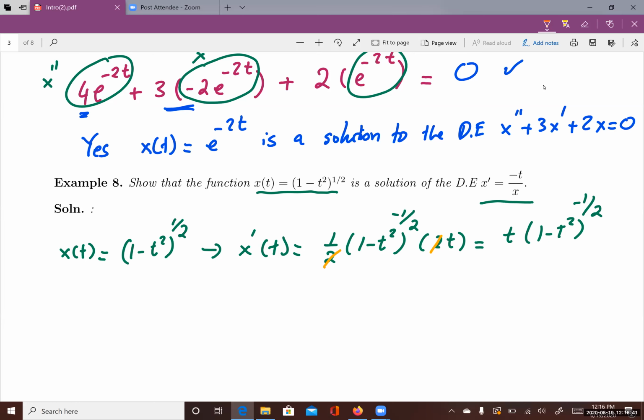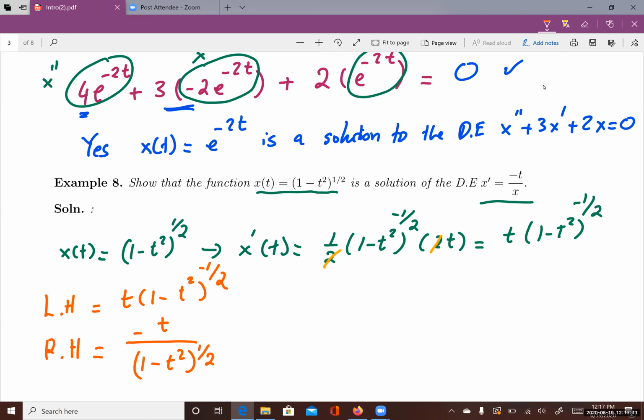So on the left side, I have x prime, right? So the left-hand side equals t times (1 minus t squared) to the negative 1 over 2. How about the right side? The right-hand side, I would have negative t over x. x is (1 minus t squared) raised to 1/2.